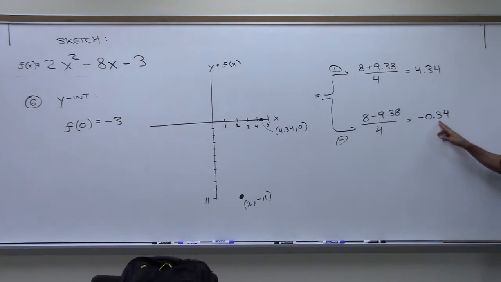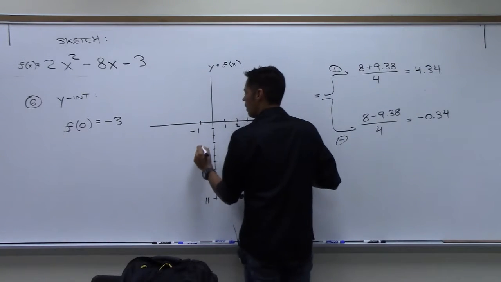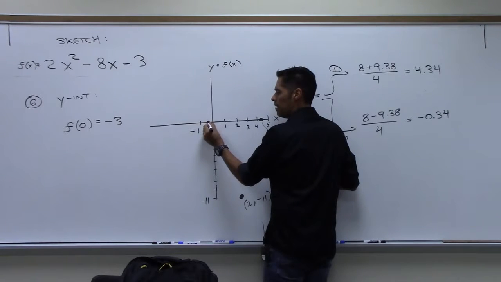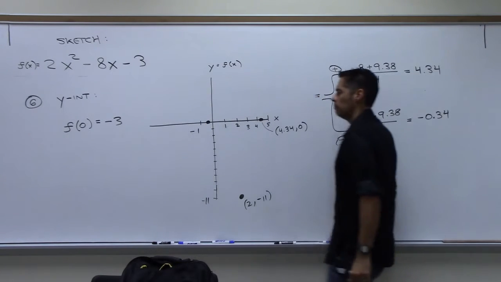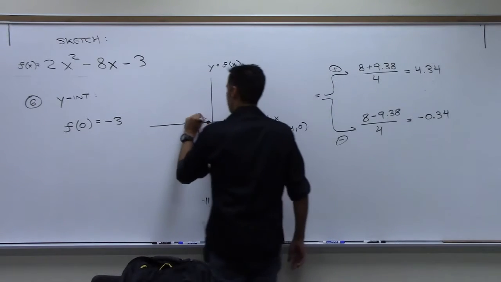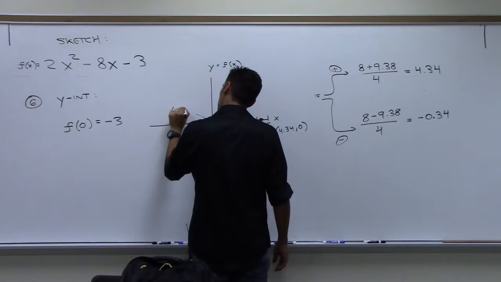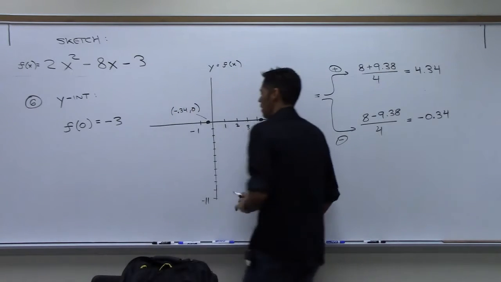The other x-intercept is at -0.34. So here's -1. -0.34, I'm thinking is right about here, and it's -0.34, 0.